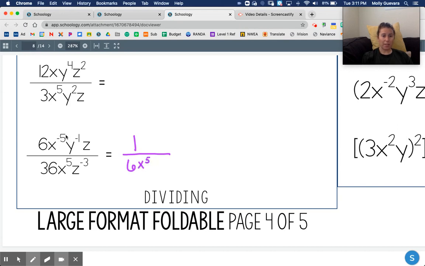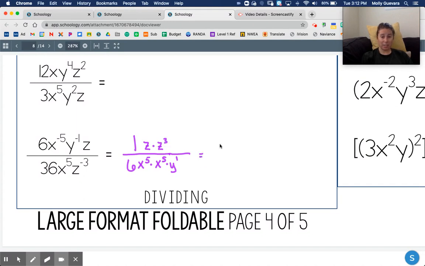On the top, I have x to the negative 5th, so that's going to come down and become positive. My y's, I have y to the negative 1 on top. Can't have negative, so that's going to come down and become a positive 1. And then my z's, I have 1 z on top, and then z to the negative 3 is going to come up and become positive.